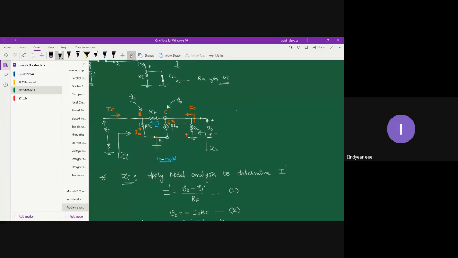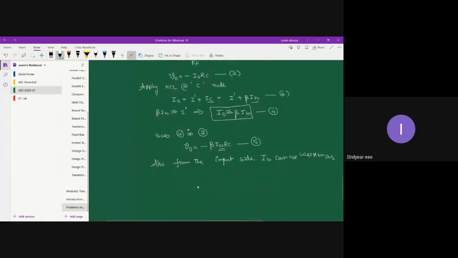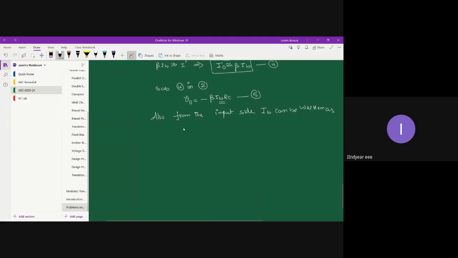Because base to ground voltage is the voltage measured from this node to this node. This node is your base node, and this node is your ground node. So your base current IB can be written as voltage divided by resistance, so that is VI divided by beta RE. Say this is 6.